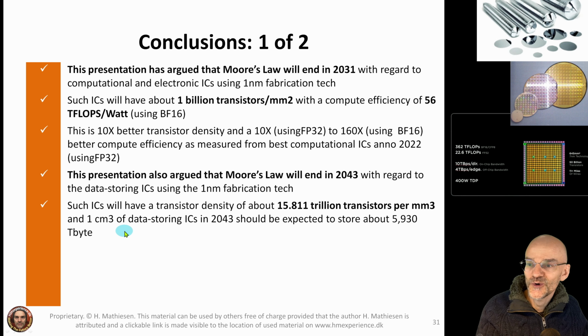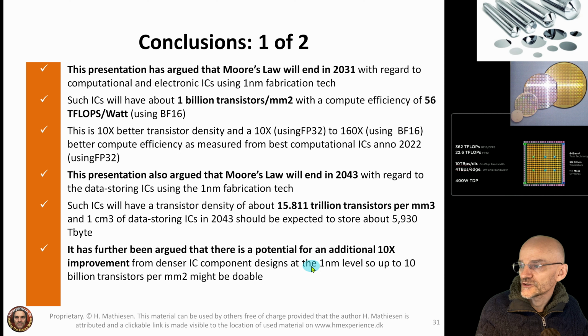So a lot more than the hard drives we can buy today that max out at 5 terabytes and that are a lot bigger than 1 cubic centimeter. They are like 100 or 120 cubic centimeters large and can only store 5 terabytes. It has further been argued that there is a potential for an additional 10x improvement in denser integrated circuit component design at the 1 nanometer level.